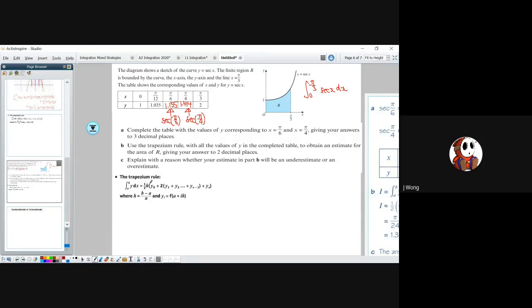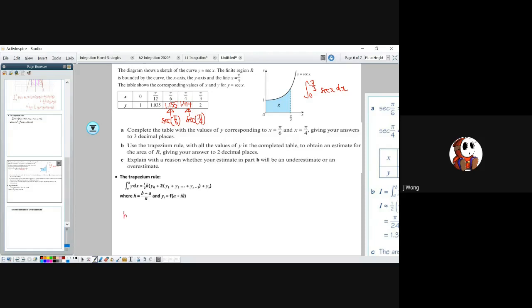So that will be a half multiplied by the width of each strip, which could be found by taking the difference between the consecutive numbers. So you could see that it is pi over 12 when you take differences between each consecutive pair of numbers.